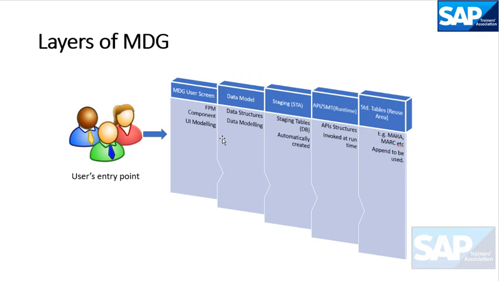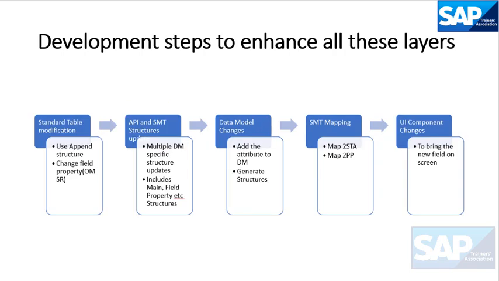So let's look at what the developer will have to do. What are the development steps to enhance all these layers? There are 5 steps, as we saw in the previous slide. There are 5 steps for 5 layers, but the order in which we will enhance these layers is a little bit different.